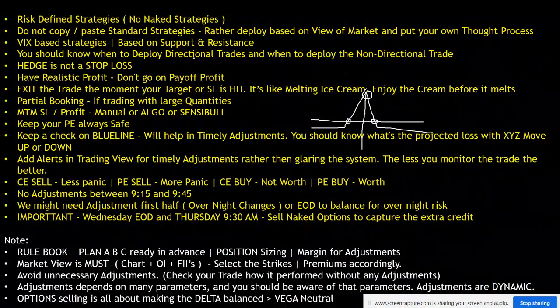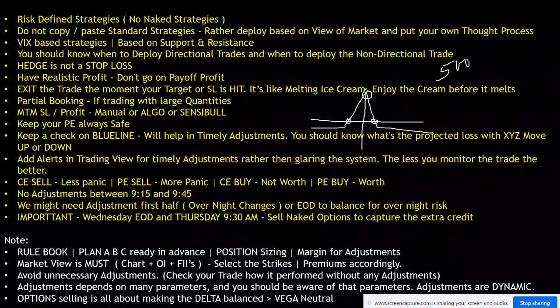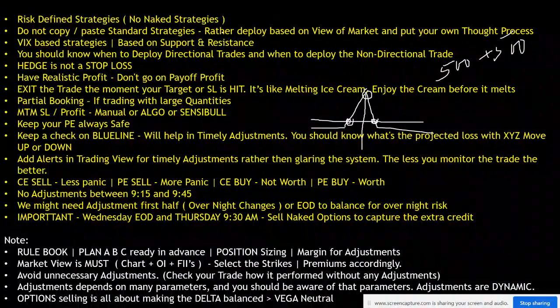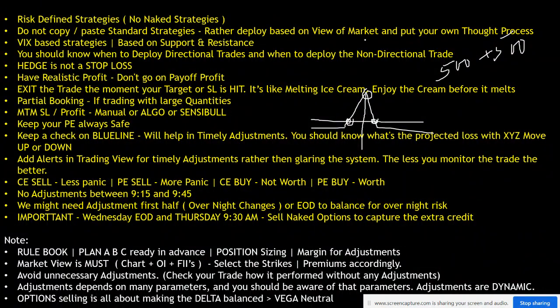Every YouTuber says that this is the Iron Fly, that we need to sell one put and one call. Let's say you got 500 premium on the call side and 500 premium on the put side, so we end up placing hedges and take 1000 rupees as the hedge. This is not standard, basically. We should not copy paste. Rather, you should deploy based on your view of the market. I've made all the videos, friends.